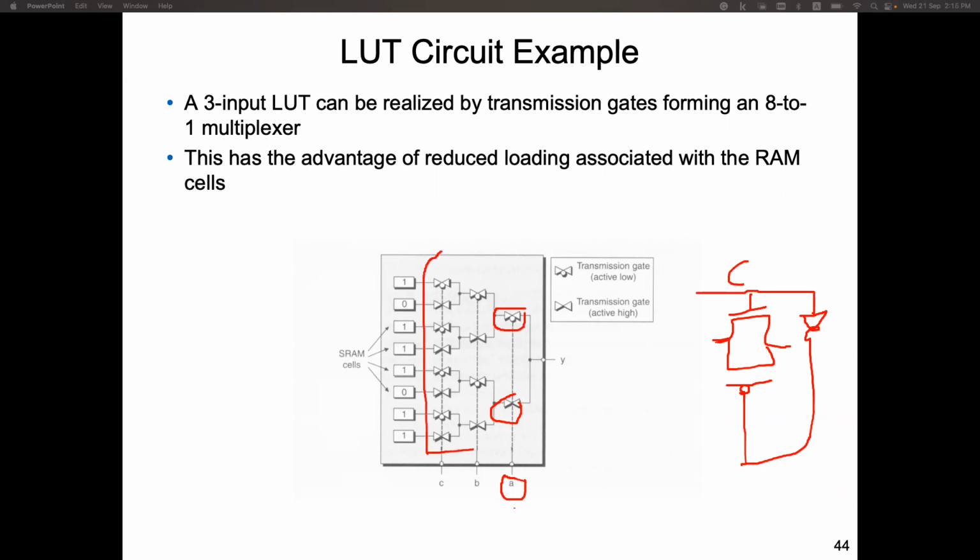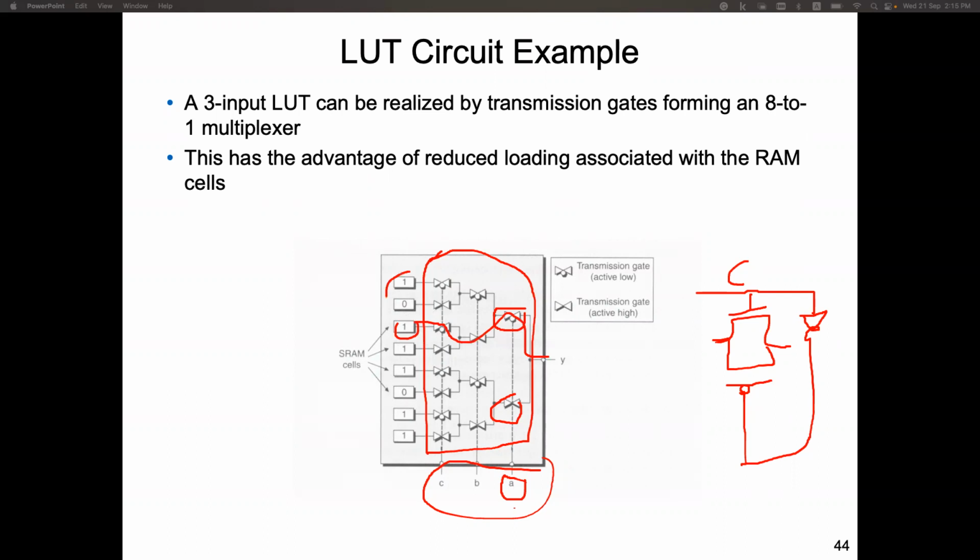This part is the address decoder. These A, B, C are the address inputs. That set of hardware, the transistor transmission gate address decoder, gives us 8 locations. And only one of these memory inputs is passed to the output for each input.